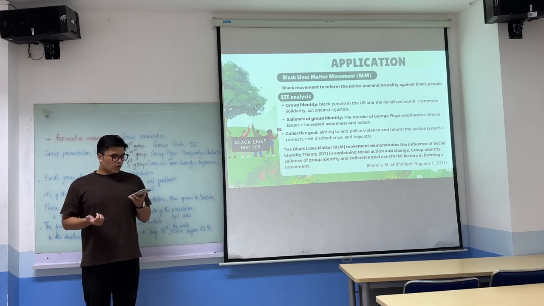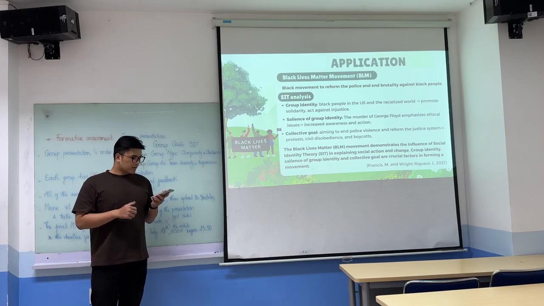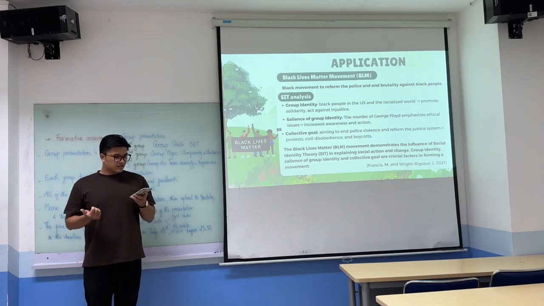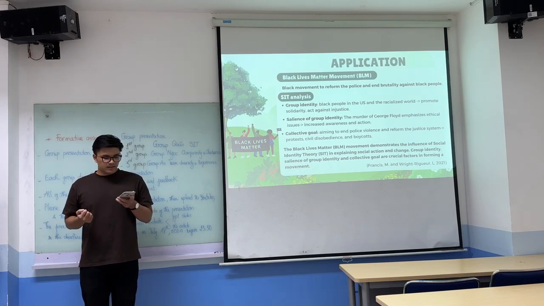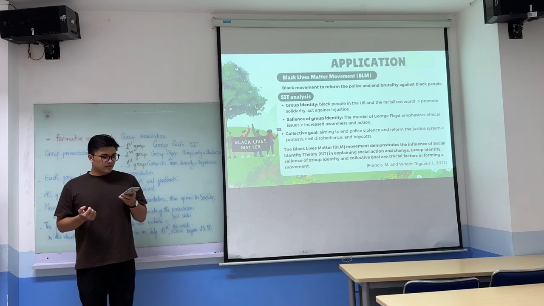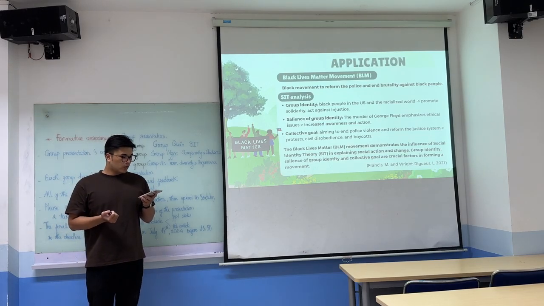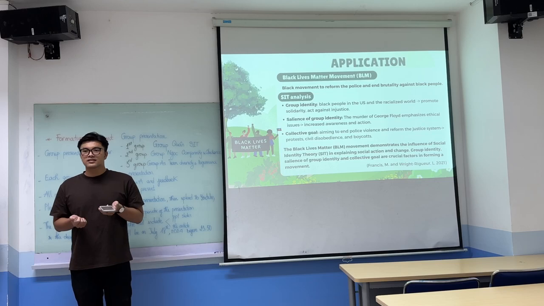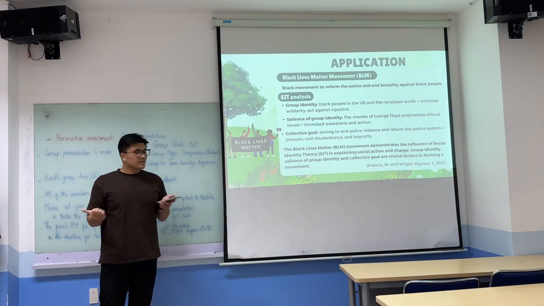The BLM movement is a testament to the power of SIT in explaining collective action and social change in the modern world. Group identities, collective goals, and salience of group identities play an important role in the development of this movement.